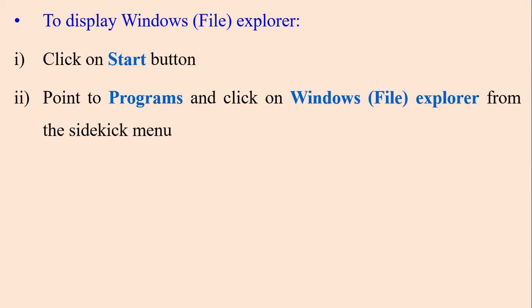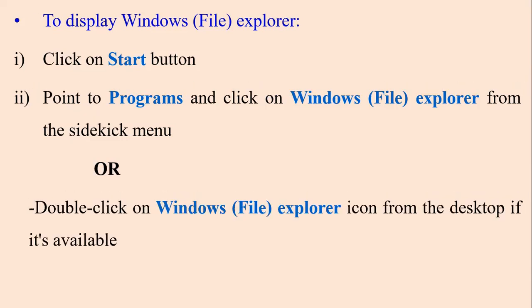To display the window of File Explorer, number one, you click on Start button, and then you point to Programs if this menu is available, and then you click on Windows or File Explorer from that side menu. However, this menu may not be available in some Windows, for example, in Windows 10. So for Windows 10, you can double click on File Explorer icon if it's available on the desktop.